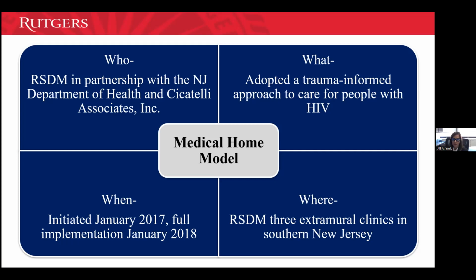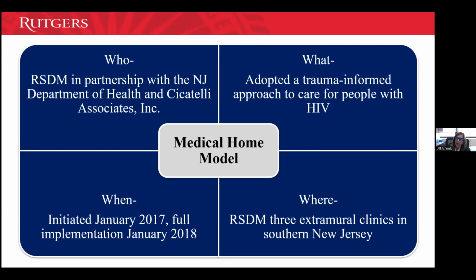And as I had stated, I had given you the overview. It's in 3 community-based sites that are located in the southern region of the state. We had identified, being very strategic in this approach, that we were going to use the medical home model. And for those of you who don't know what that is, it's a team-based healthcare delivery model where the practitioner, and that could be our hygienist or our dentist, is going to lead this approach.